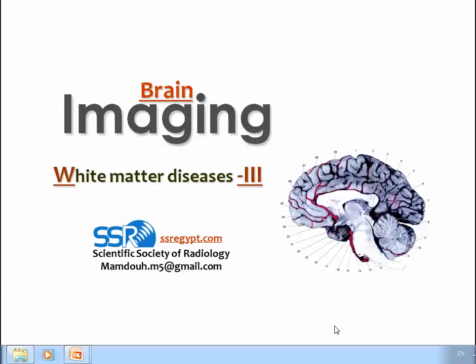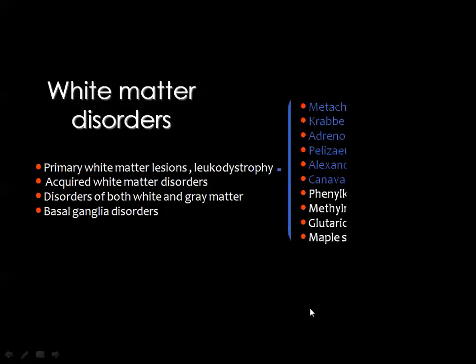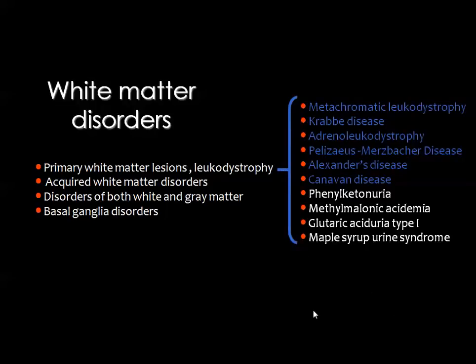Dear colleagues, this is the last or the third part of the topic imaging of the white matter diseases, and we have discussed in the first part of this talk the primary white matter lesions, which are named as leukodystrophy, and we have handled these six pathologies.